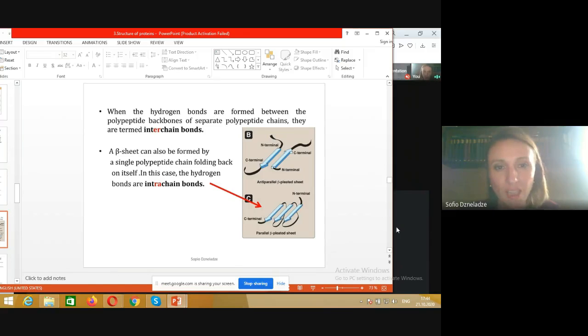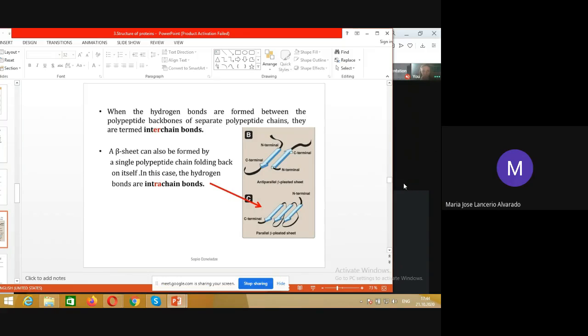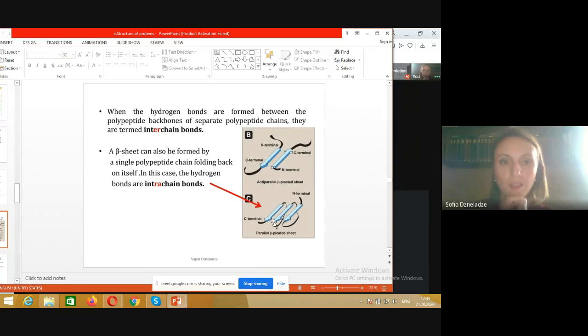And we have inter- and intra-chain bonds. Please, let's feel the difference between them, Maria. When the hydrogen bonds are formed between the polypeptide backbones of separated polypeptide chains, they are termed interchain bonds.